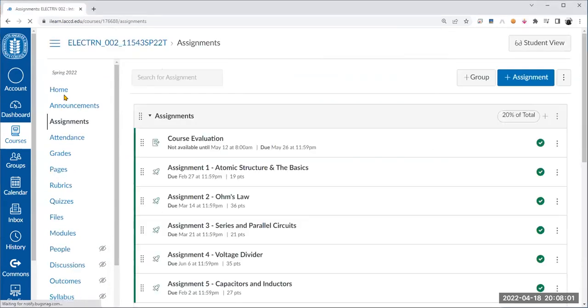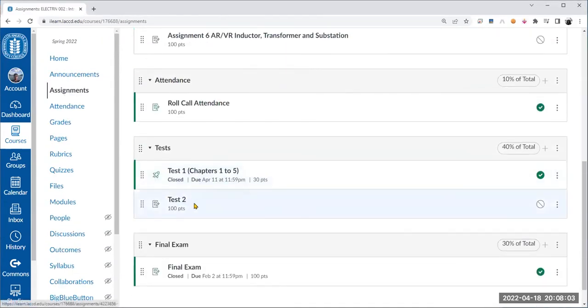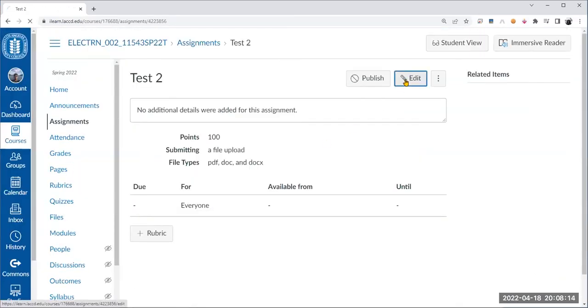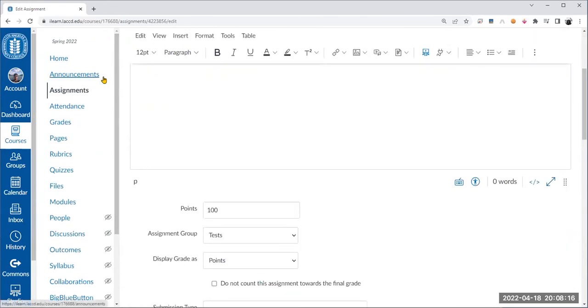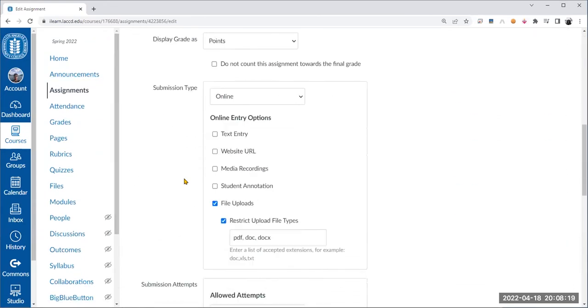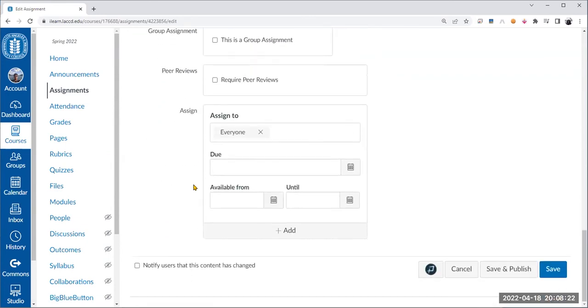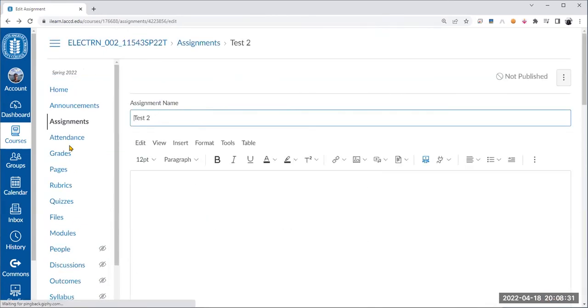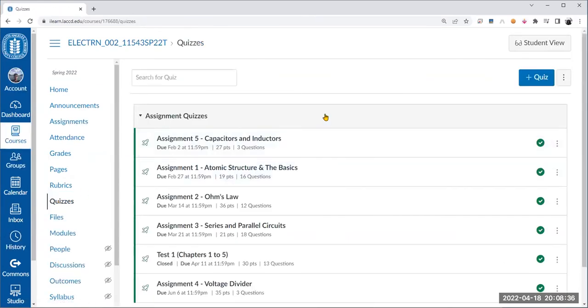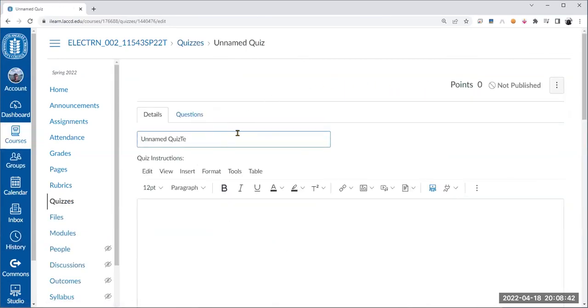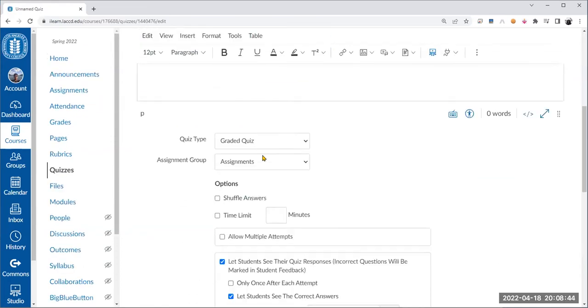So let me create a test 2. Not this one. Okay, this one too. So let me change the date, and then I'm gonna edit the content. So click on here. We're gonna have test 2 here on this day.